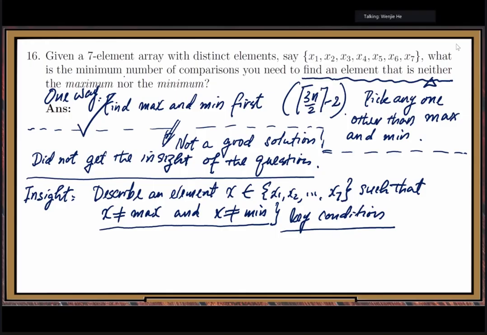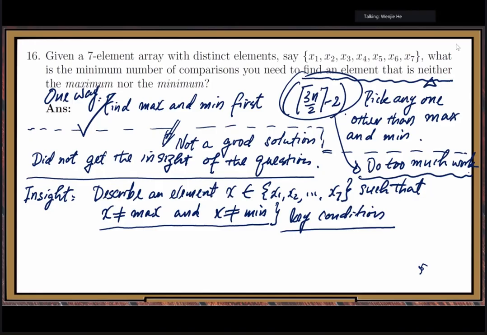But when you calculate max and min directly, you do too much work, too many comparisons. You do not need to do this much work. You overdo it.